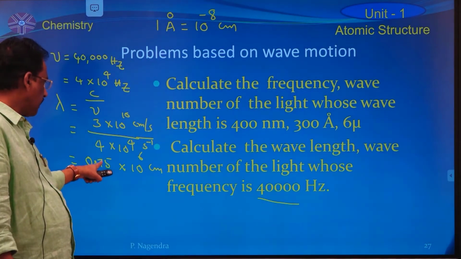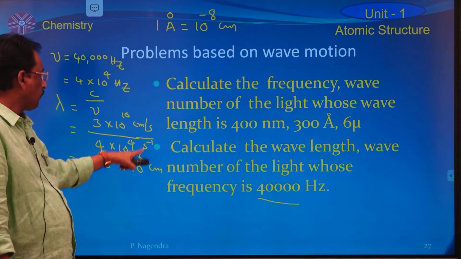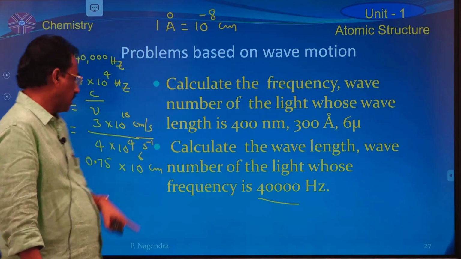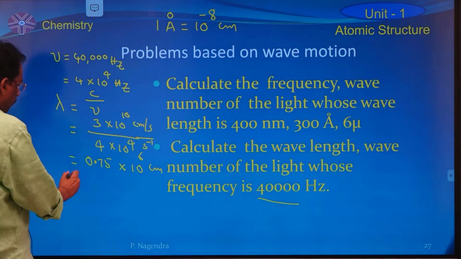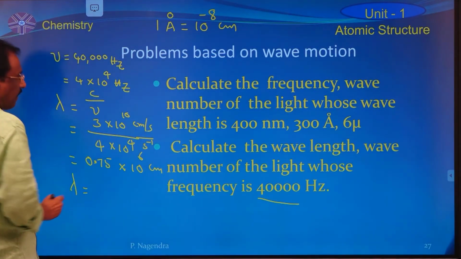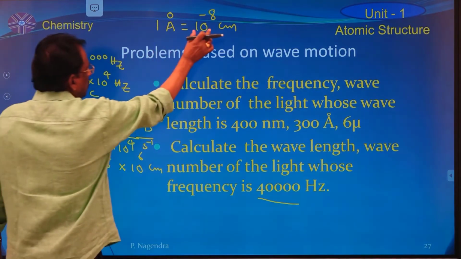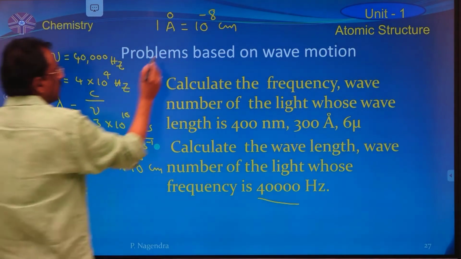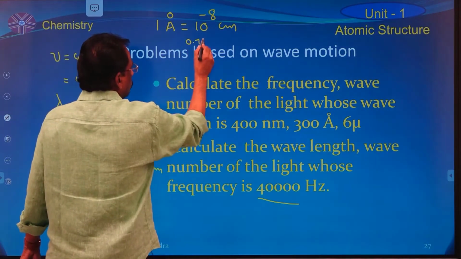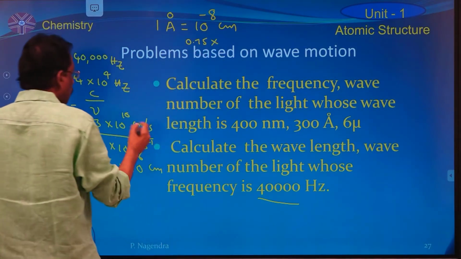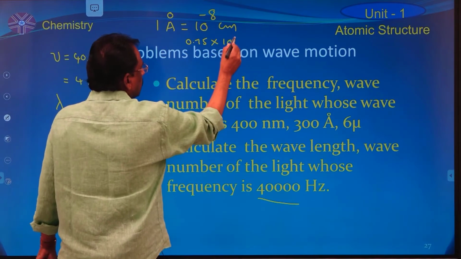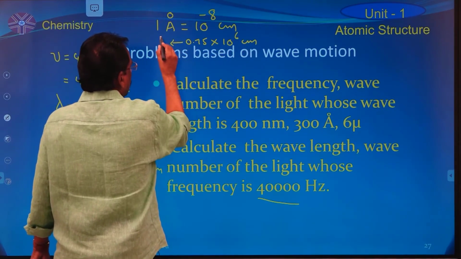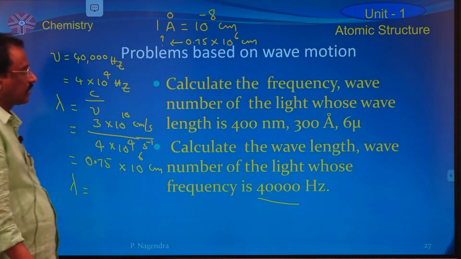Therefore, 0.75 into 10 power 6 centimeters is equal to how many angstroms?